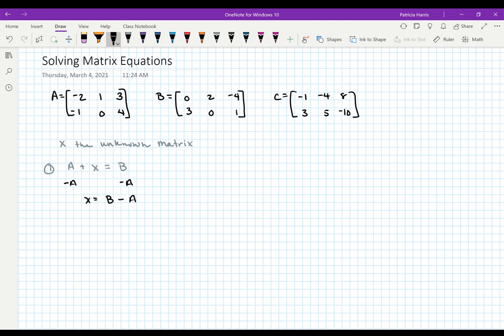So now, since we have that solved, we substitute. Another thing you will notice with these is we're not using any sort of matrix multiplication.